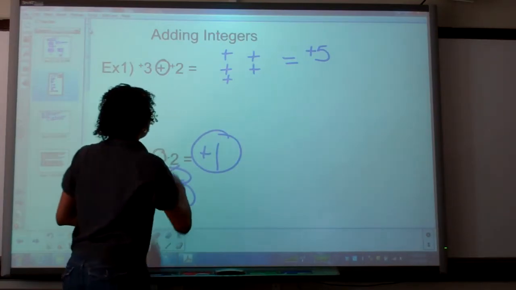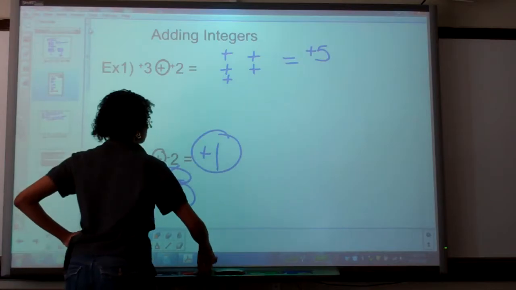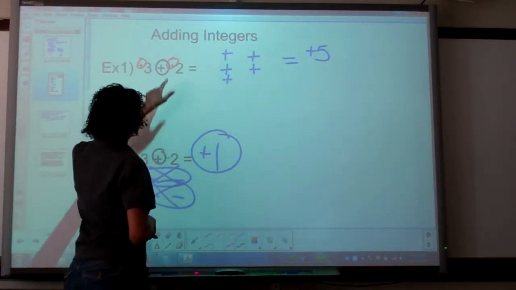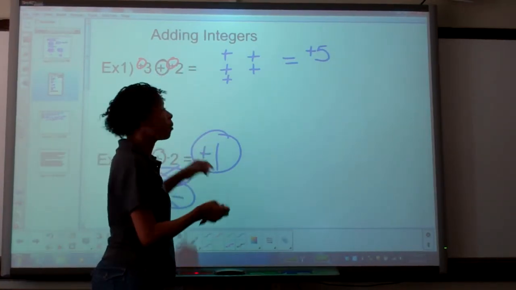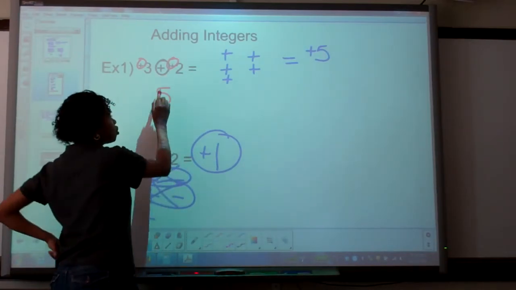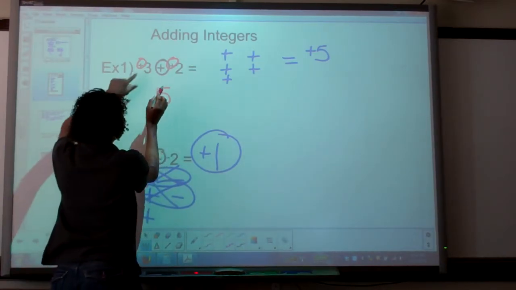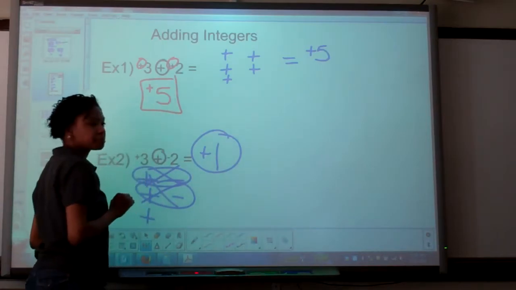Again, when I'm adding integers and they have the same charge, I'm just going to add the numbers. 3 plus 2 is 5. How do I know if this 5 is positive or a negative 5? Well, the 3 was positive and the 2 is positive, so it's going to be a positive 5.